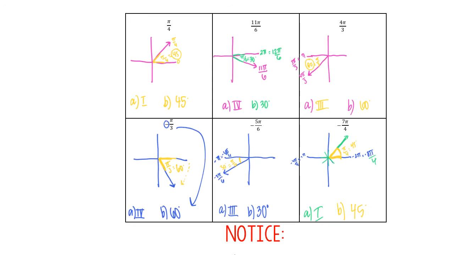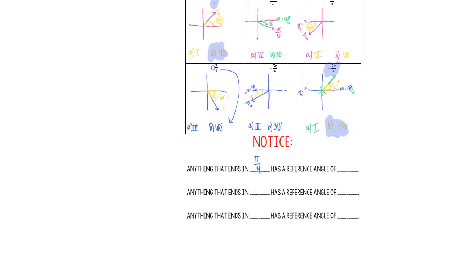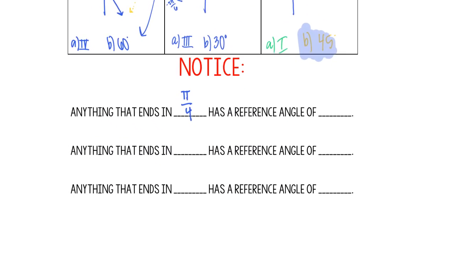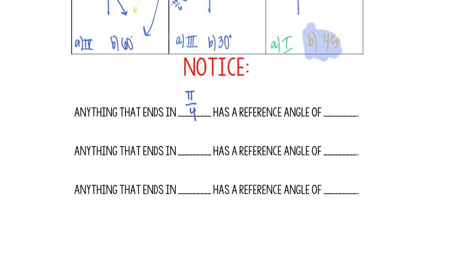This first example on the back, pi over 4, had a reference angle of 45 degrees. Negative 7 pi over 4 had a reference angle of 45 degrees. You can also look at the examples on the front. Anything that ends in pi over 4 has a reference angle of 45 degrees. So if you can remember that, that's wonderful. Your job would just be then to figure out what quadrant the angle lands in.